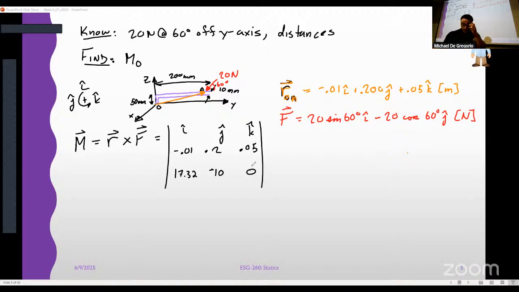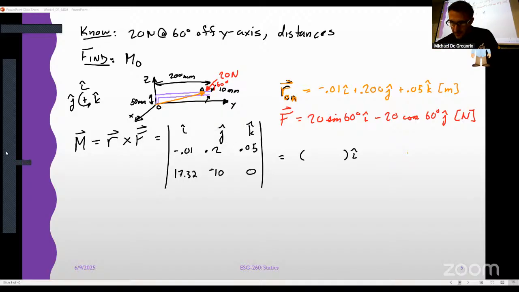Great, so now we just do our cross product, right? So if we're looking at the I direction component, right, I cover up my first column. Don't really want to do the thing, but I'll do the thing anyway. All right, so remember, I cover those and I just deal with these, right?